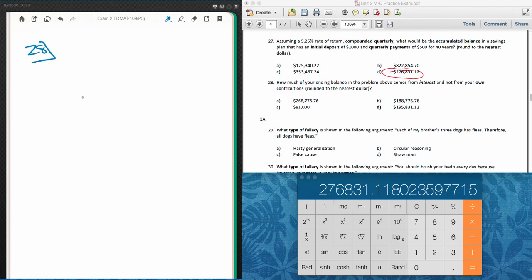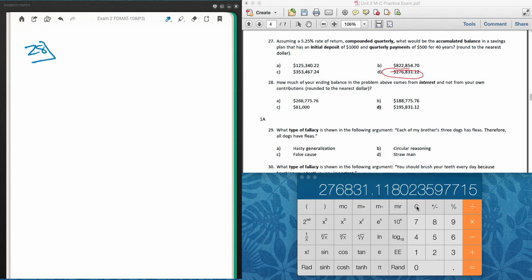How much of your ending balance of the problem above comes from interest and not from your contributions? So we're going to have to calculate our payments and then subtract it from that.